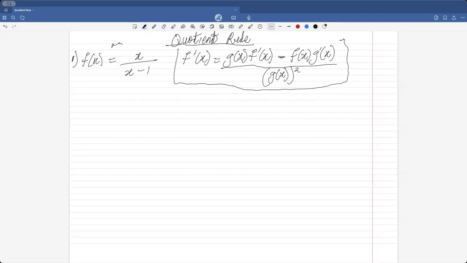So first things first, let us label our function. We call the top f(x), we call the bottom g(x).